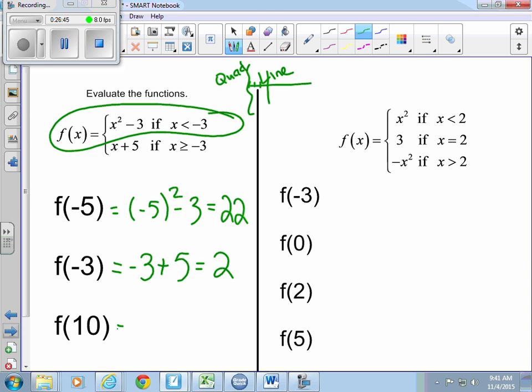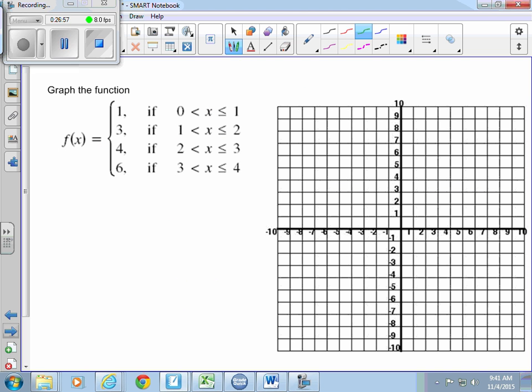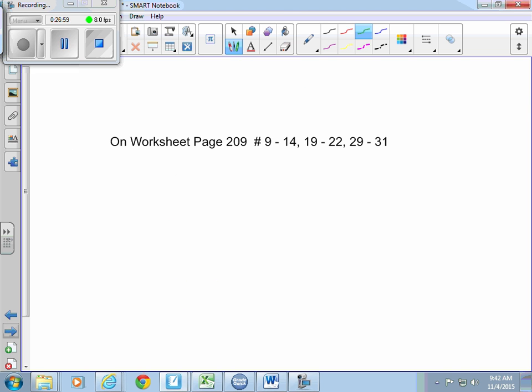Two more. I'm going to do one more example, but this is your homework. That is written at the top of it, so you don't have to write that down.